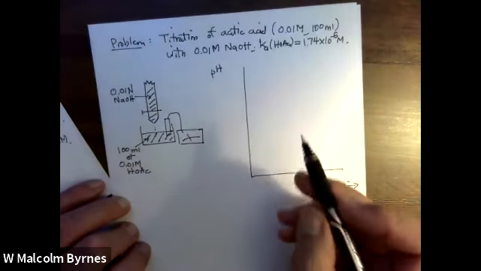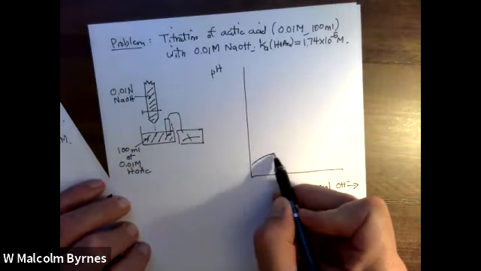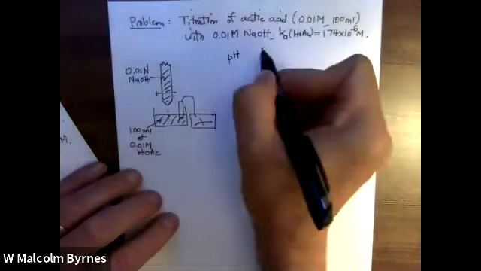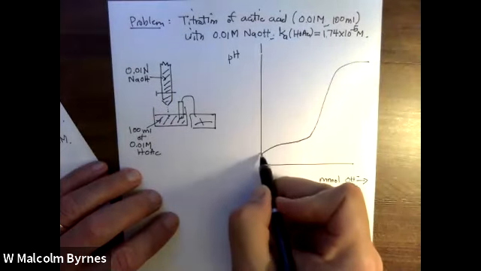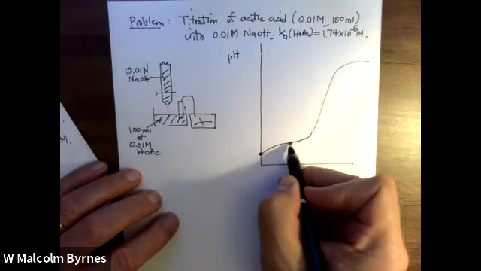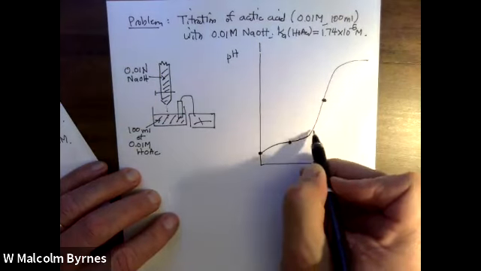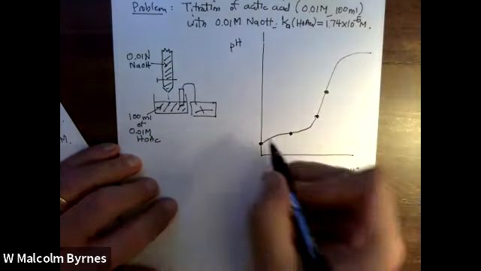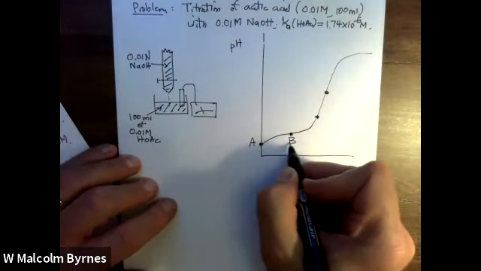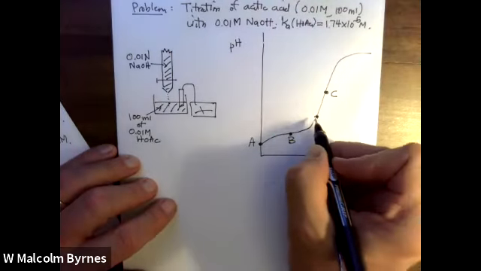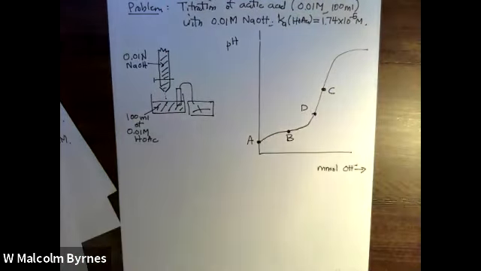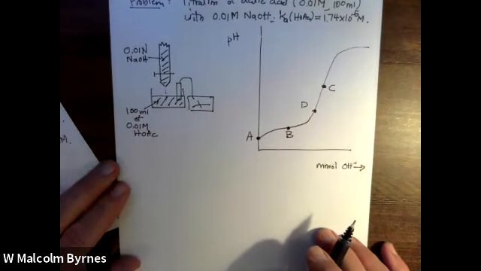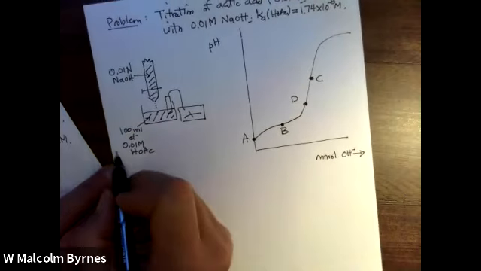It's going to have the kind of shape of any typical titration curve. We can look at the same points, A, B, C, and D on this curve and calculate the pH at each one of those points, just like we did for the strong acid.